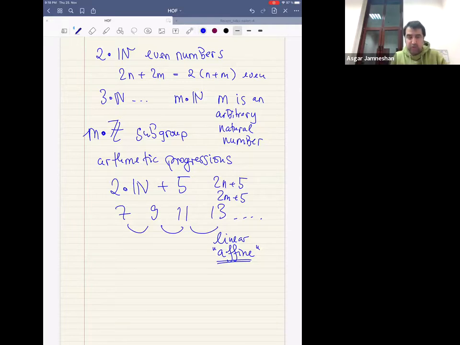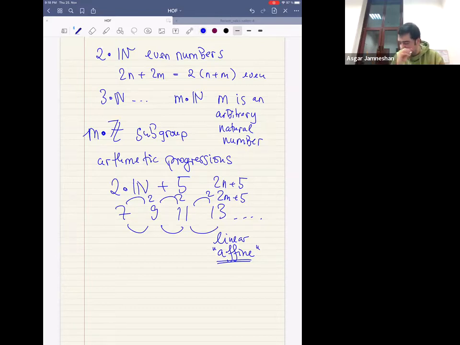But now, this is an infinite progression. There are infinitely many numbers such that each two consecutive numbers have the same difference, here namely 2. But let's also relax a little bit our understanding of arithmetic structure and consider finite such objects.